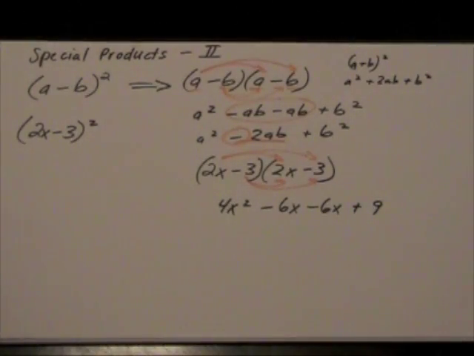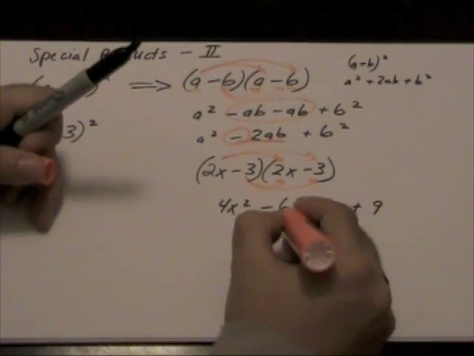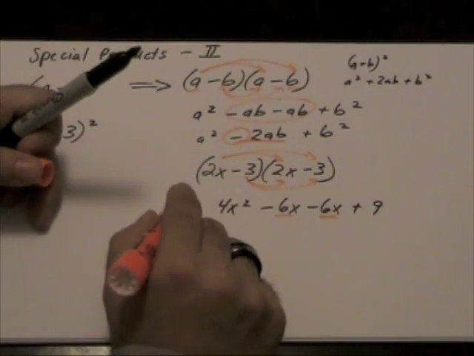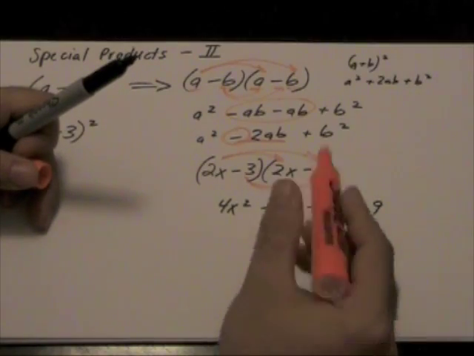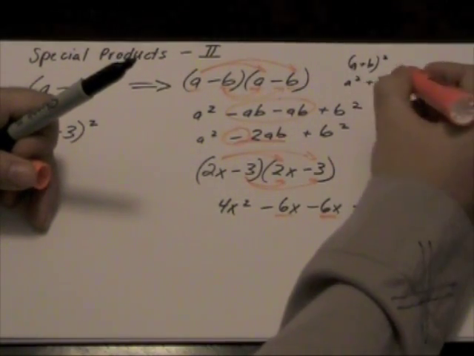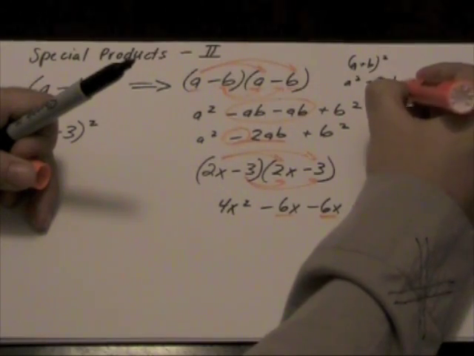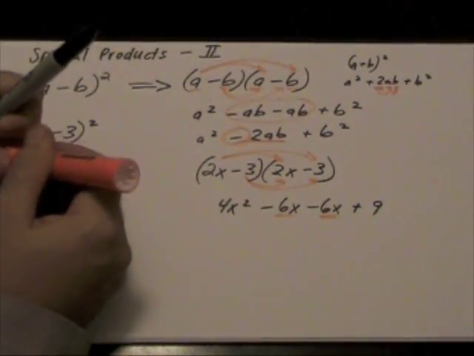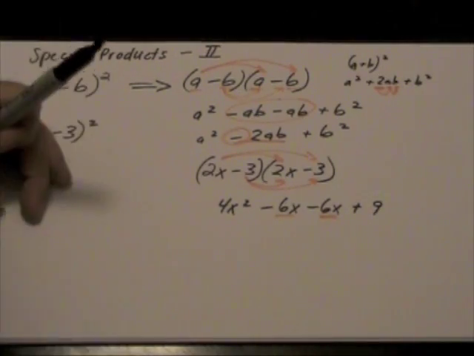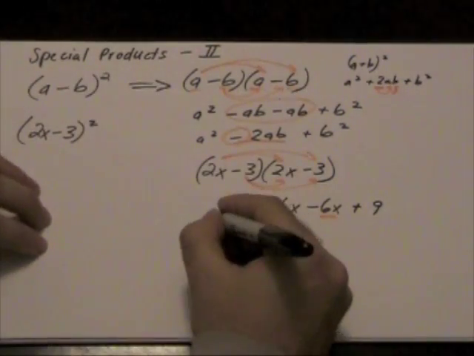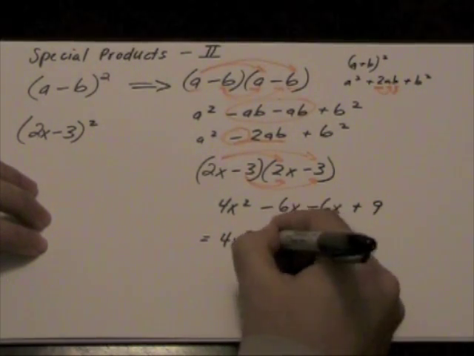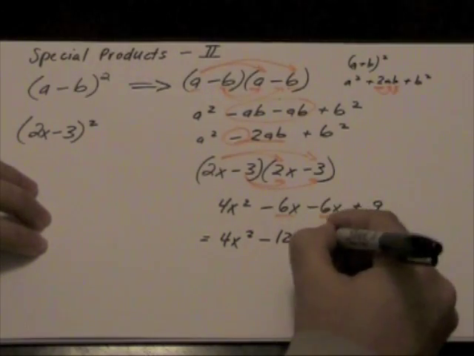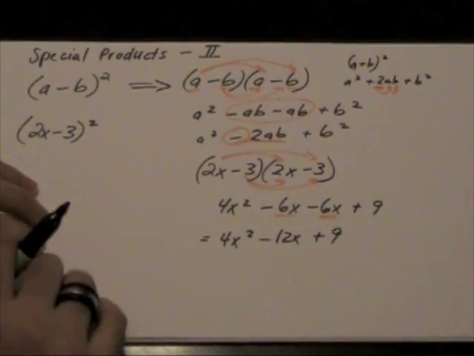Now notice here, we always have this inner term that can be simplified, and it's always the same term. That's where the idea of this 2 being multiplied by whatever our A value is and whatever our B value is comes from. So the final result is as follows: 4x squared minus 12x plus 9.